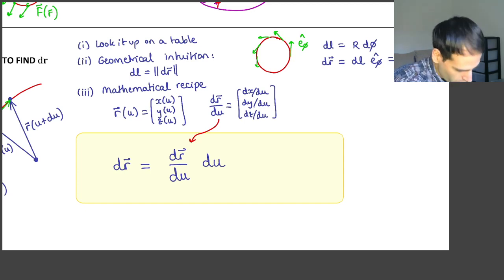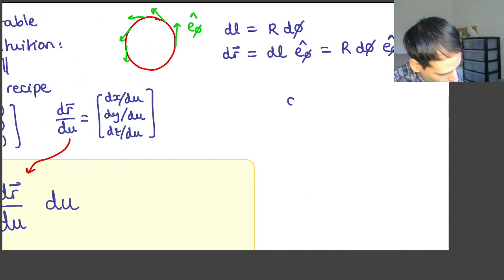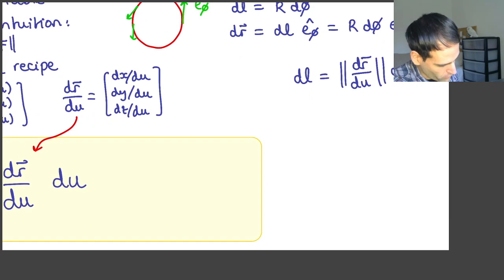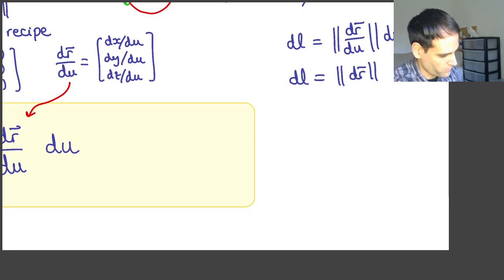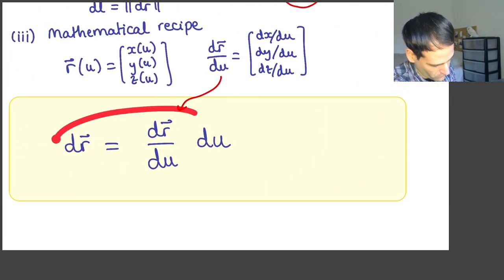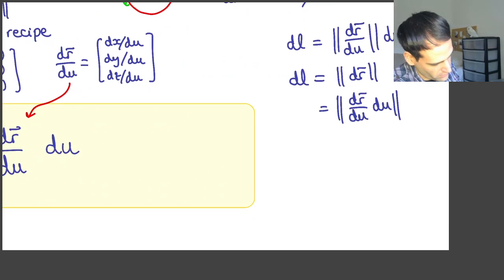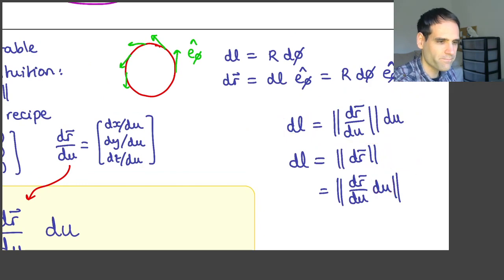For example, you remember that in previous videos, for normal integrals, dl was the norm of dr over du times du. This makes sense if you now know that dl is simply the norm of dr, because if you substitute dr as you have here, that's just the norm of dr over du times du, and if you take du outside, you end up with the definition we were using for dl initially.